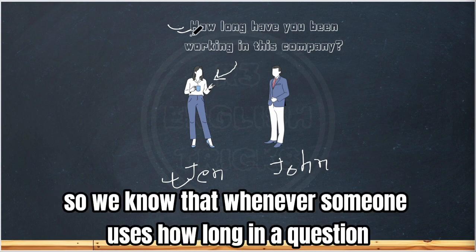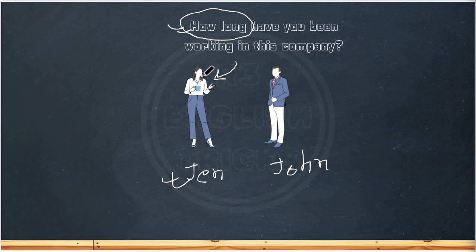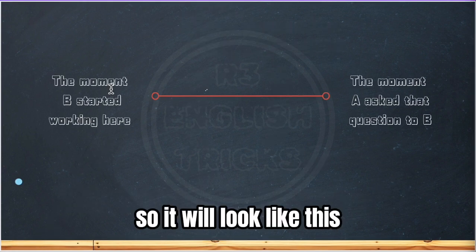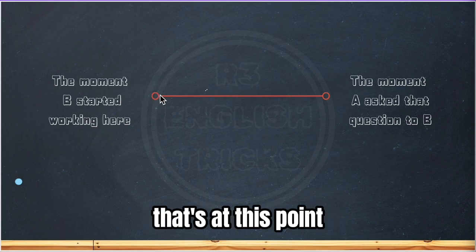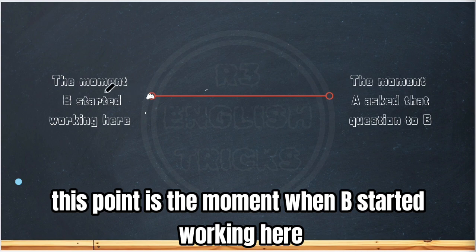So we know that whenever someone uses "how long" in a question, that means that person actually wants to know the duration of something. So if we try to make a diagram of this situation, it will look like this. Let's say this point is the moment when B started working here.